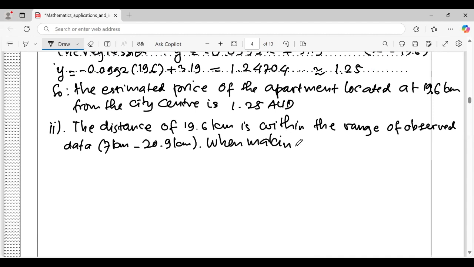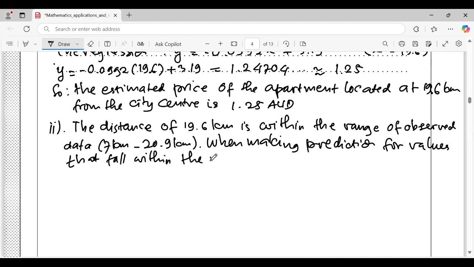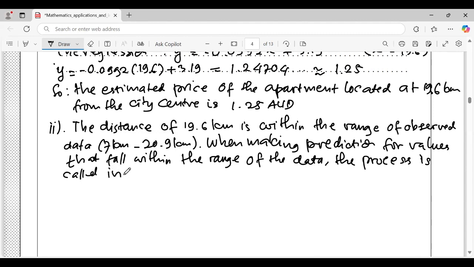When making predictions for values that fall within the range of the data, the process we call is interpolation.